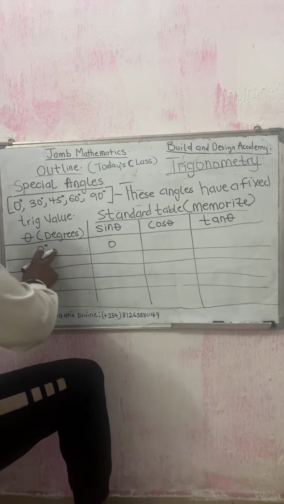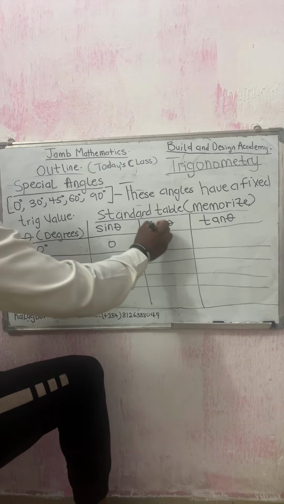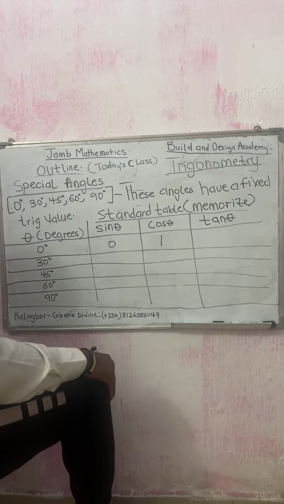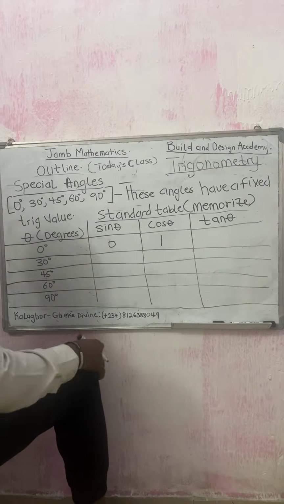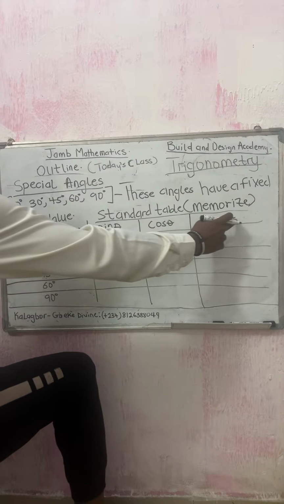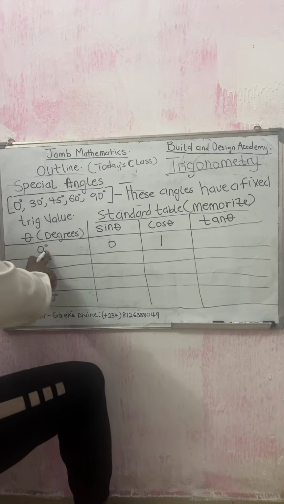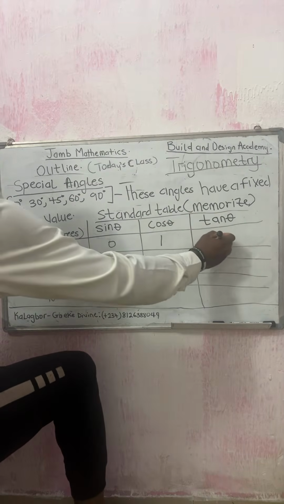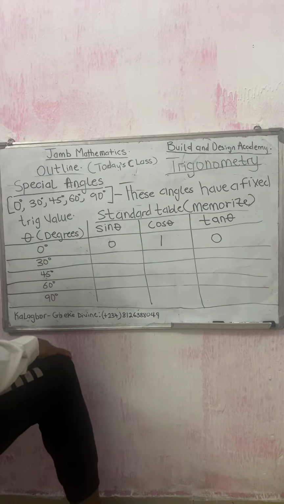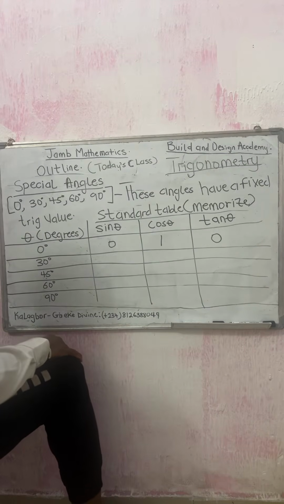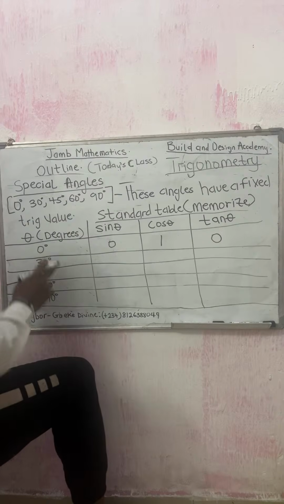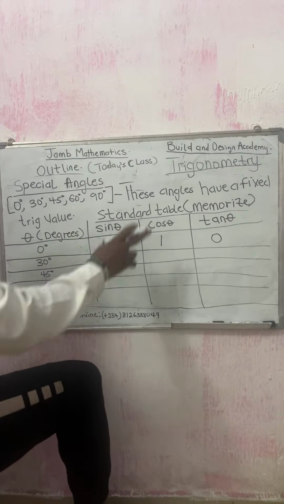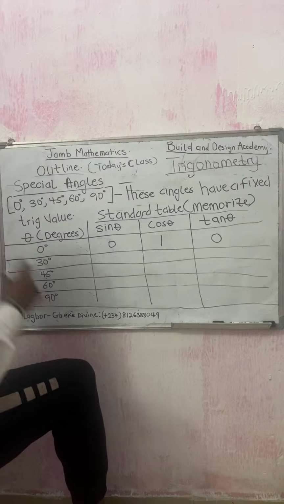For cos 0 degree, we have 1. And for tan 0 degree, we have 0. So anywhere you see sine 0, know that is 0. Anywhere you see cos 0, know that is 1.